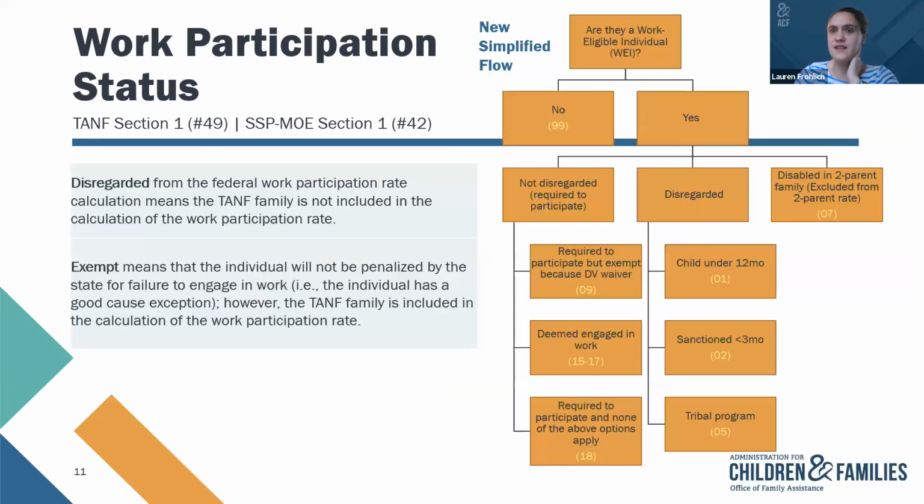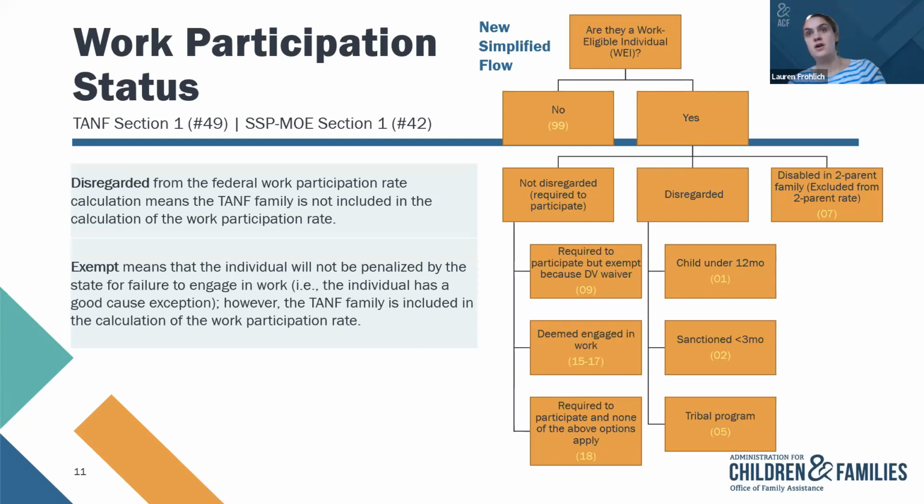And this slide is another look at that same measure, but with a flow chart. And even though this still does look pretty complicated, I promise you it's much simpler than it was before. So trying to get at where are we breaking down work participation status, and again, the differences between what it means to be disregarded or exempt from the work rate.